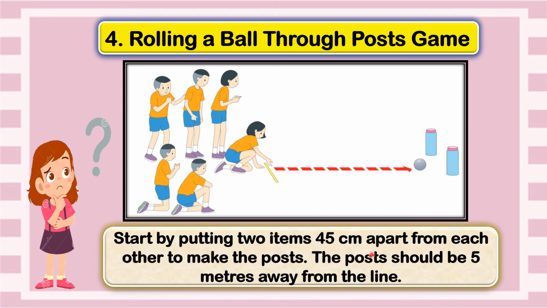The posts should be 5 meters away from the line. So this one is 5 meters away from the bottles. And these two bottles should be 45 centimeters apart from each other.